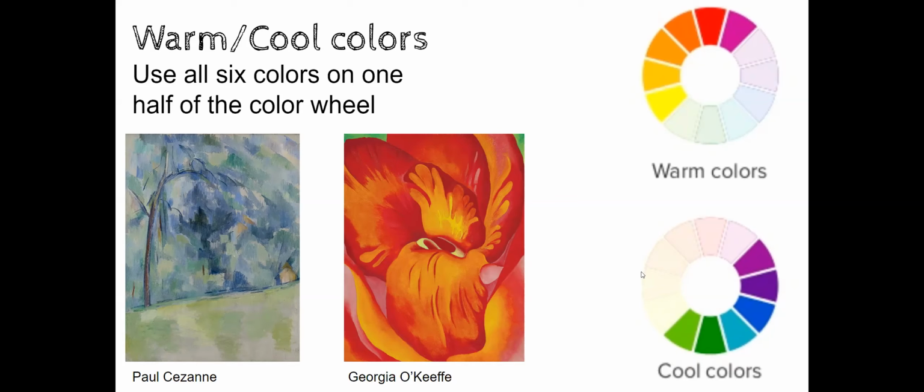Let's look down at the bottom one. The other half of the color wheel is green, blue, and purple. And these are our cool color schemes. So remember, our warm and cool color schemes are on opposite sides of the color wheel, and they're split right down the middle.